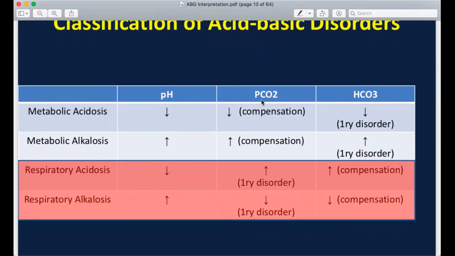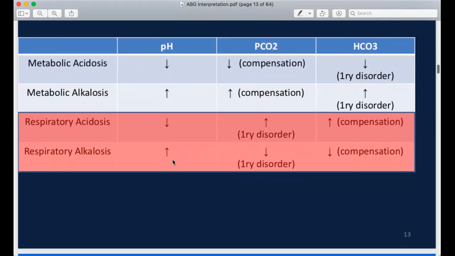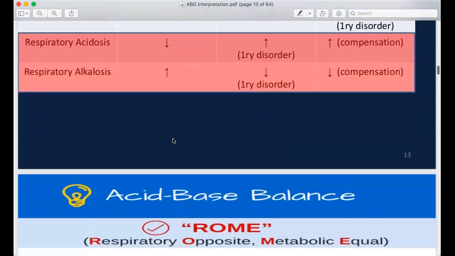So pH and partial carbon dioxide are opposite. It means this is a respiratory problem, and the bicarbonate is changing, which means the compensation is happening. And if the pH level came to normal, then the compensation has been done. That's it. You don't need to know more than that.